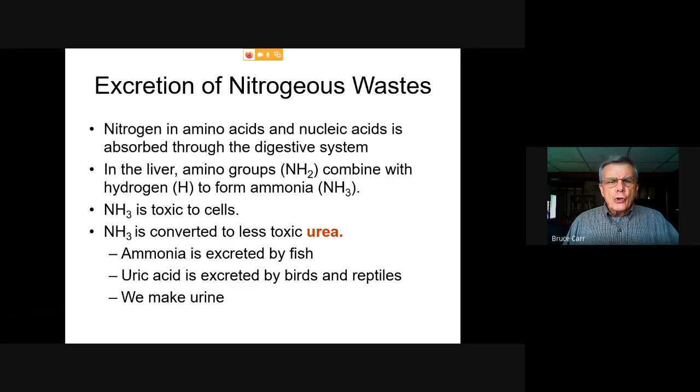Birds and reptiles make it in such a concentrated form and dehydrate to the extent that basically crystals of uric acid precipitate. That's that grainy feel. But our system is a completely liquid system, urine. In a healthy person, again, there are no solids or crystals in our excrement.